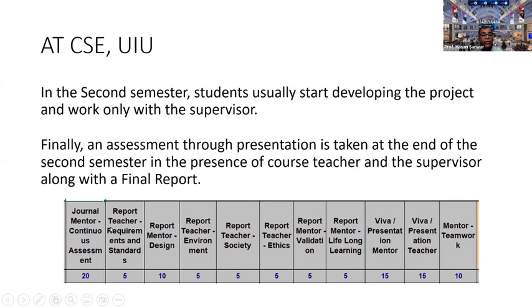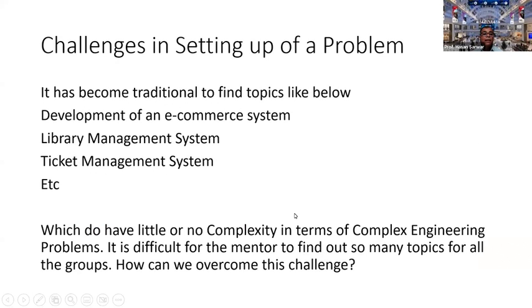The marks are given on continuous assessment, requirements and standards maintained, the design part, environmental impact, societal impact, ethical impact, validation, lifelong learning, and also on the presentation, where both mentor and teacher give some marks. The mentor also gives some marks on teamwork. So this is how the marks are distributed.